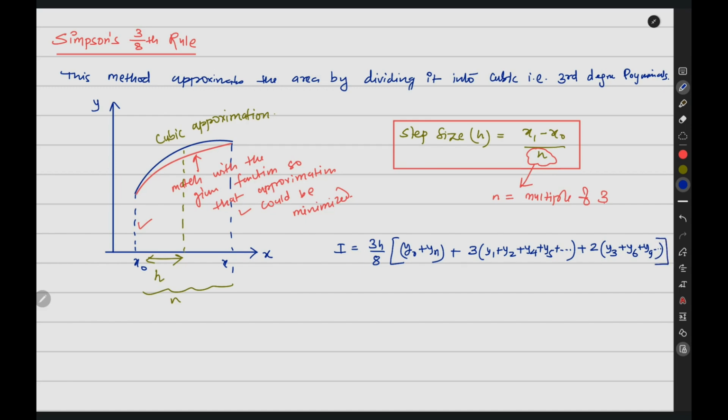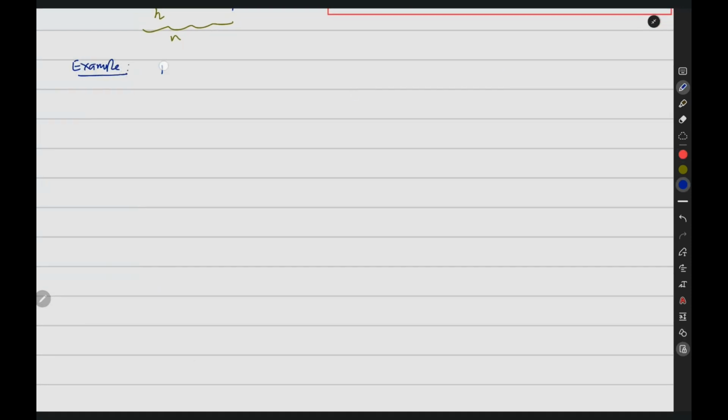Now we will understand this with the help of an example. I equals integration 0 to 3 of e to the power x dx. So the number of subintervals n equals 3 is given.